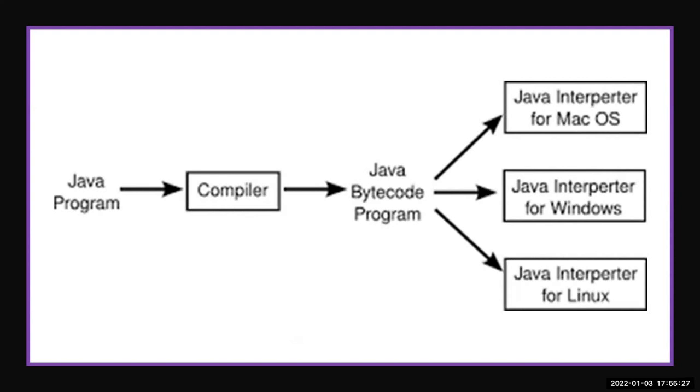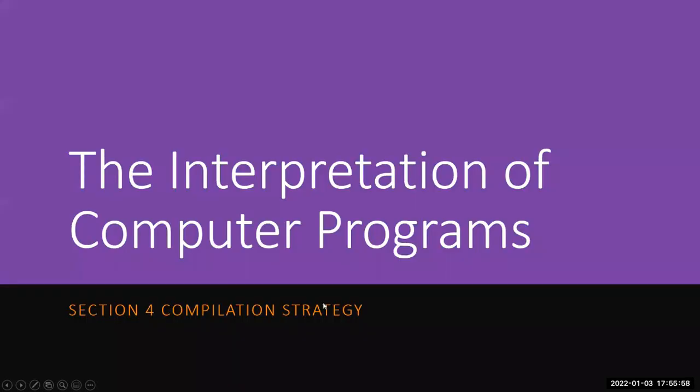We call this the hybrid model, and it has become much more popular because its performance is close to a compiler, and also because of its platform independence. You do not need to compile your Java program into different machine code. The Java virtual machine will handle it for you.